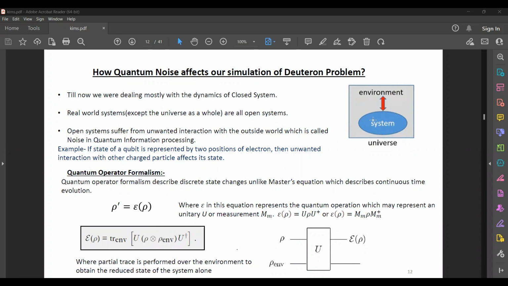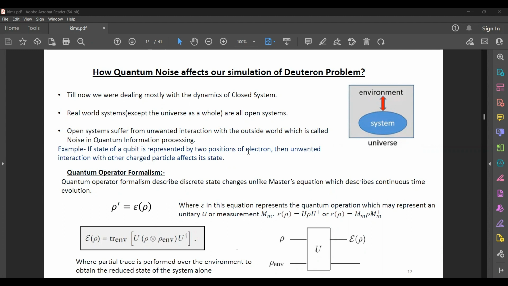This picture here shows the ellipse in blue, which is our system, and it is exchanging information with the environment, and the entire thing can be considered as an isolated universe. For example, if the state of a qubit is represented by two positions of an electron, the electron can interact with other charged particles present in the surroundings, and that can change the orientation or the position of the electron.